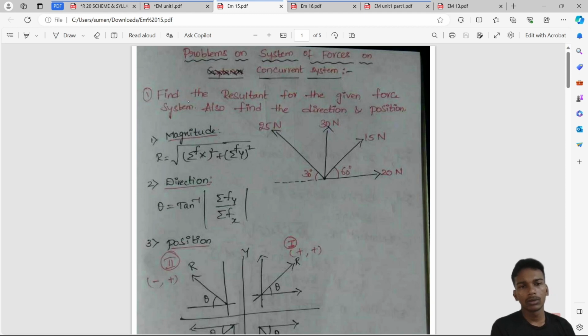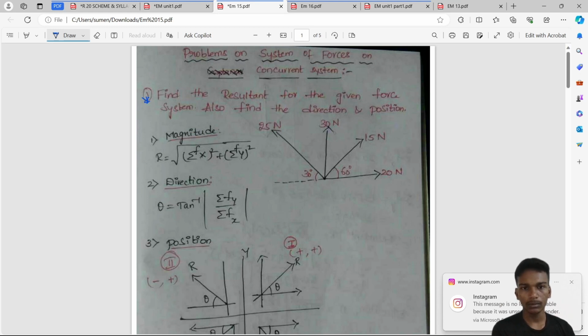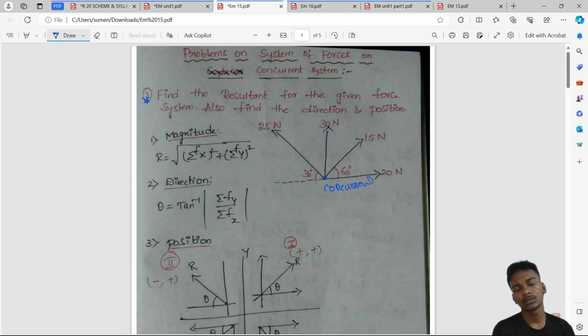Yeah, this simple problem: find the resultant for the given force system. Also find the equation. See, the forces can be said to be concurrent, right? Because they have the same point of action, the same origin.